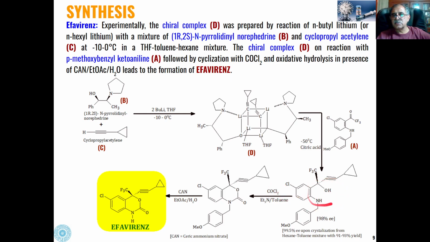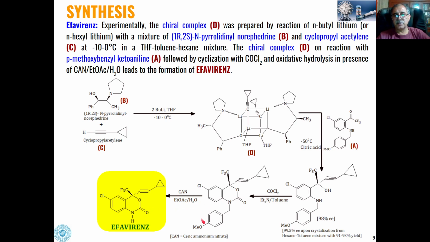So cyclization of this amino alcohol group will take place, and we will get this type of cyclization product. Then this, on oxidation with ceric ammonium nitrate in ethyl acetate and water, leads to the formation of this optically active antiviral drug, which is called efavirenz.